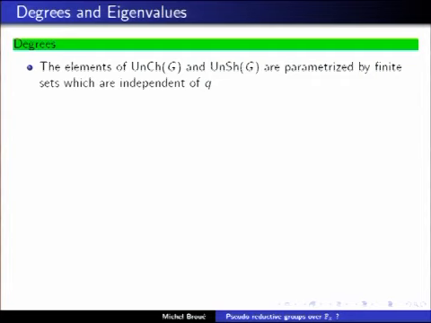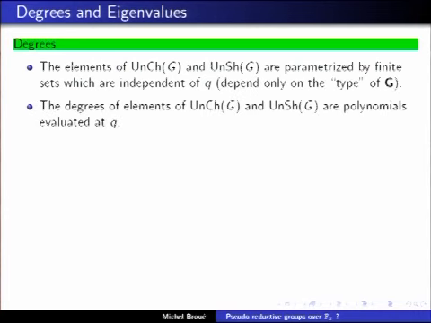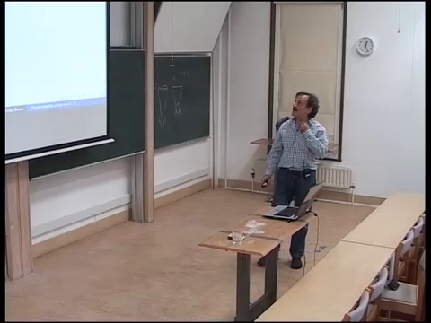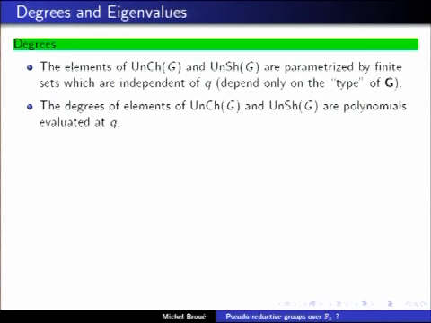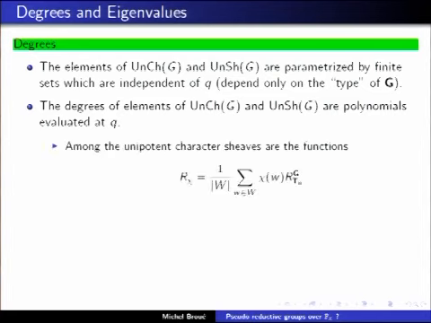So the set of unipotent characters and unipotent character sheaves do not depend on Q. They depend only on the type of G, which I will come back to. The degrees of these characters, or class functions, the value at 1, are polynomials depending only on the type and on the set, evaluated at Q. This has been known for a very long time, also for finite reductive groups.